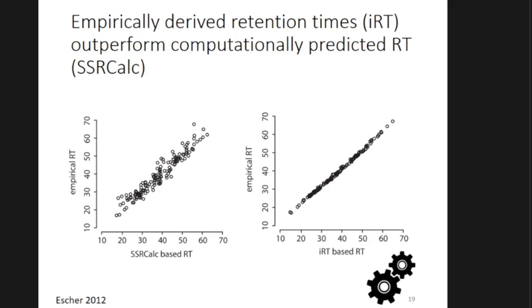This is especially true if you have modifications, and especially isoforms, where the sequence is not very different, but the retention times can either co-elute or elute in different places of the gradient. I'm about ready to pass it off to Brendan, but I wanted to take questions now that I've shown you two different ways.